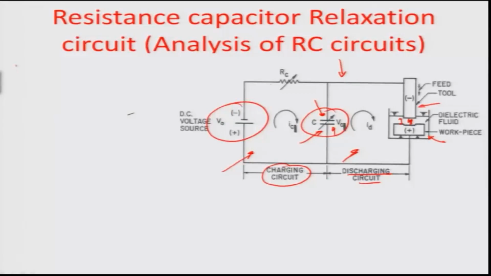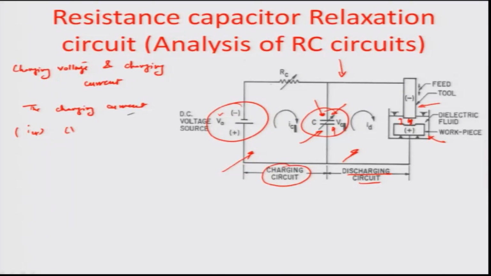If we talk about charging voltage and charging current, we call this current ICT because it is a function of time, as the potential difference is applied across this end, and the capacitor plate right here is charging with the voltage of the charging capacitor VCT, again as a function of time.